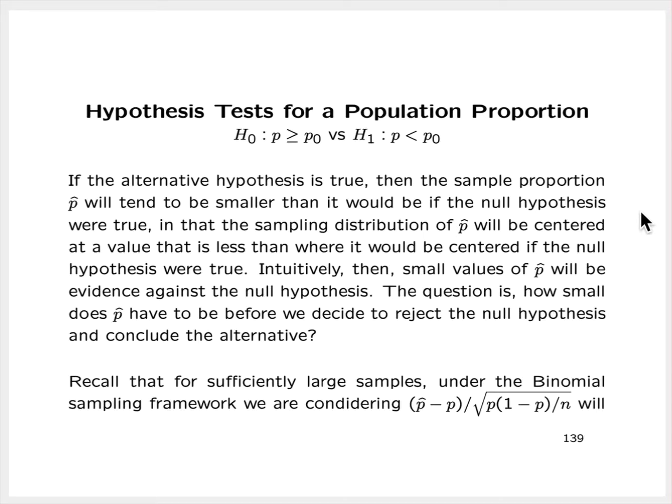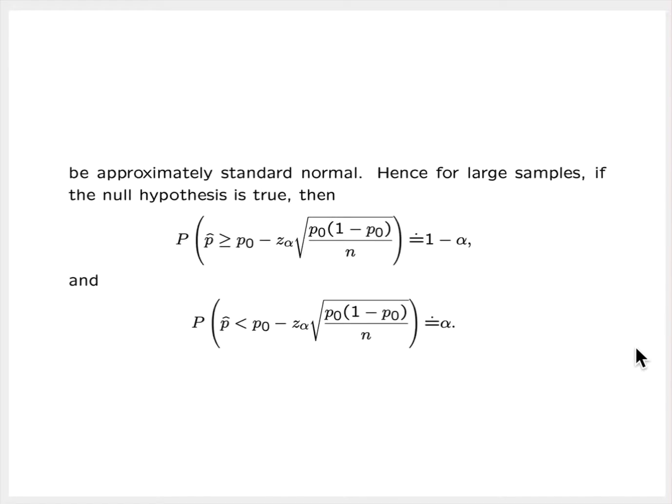And so again, we are using this same approach, and we're going to come up with two probability statements. Notice that we have here, if the null hypothesis is true, and also we're assuming here that we have large samples so that these approximations are good approximations.